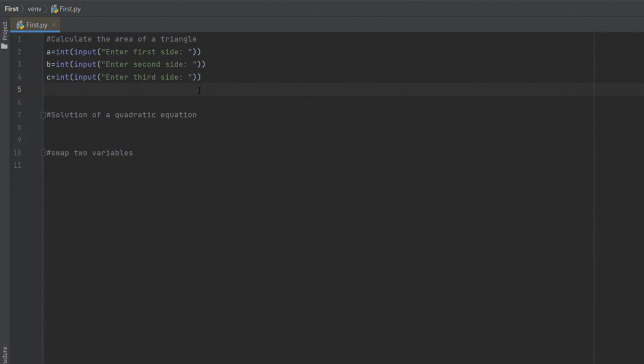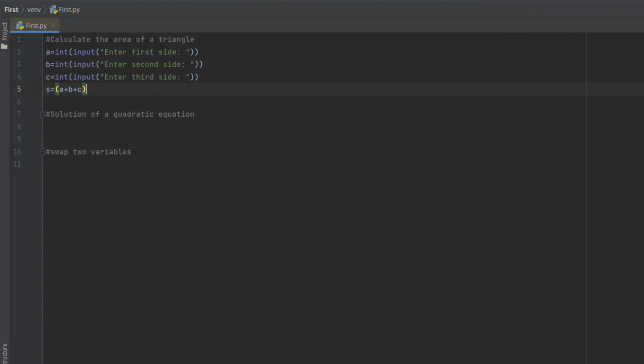Now we have to calculate the area of a triangle from Heron's formula. For this we need to calculate s, which equals (a plus b plus c) whole divided by 2.